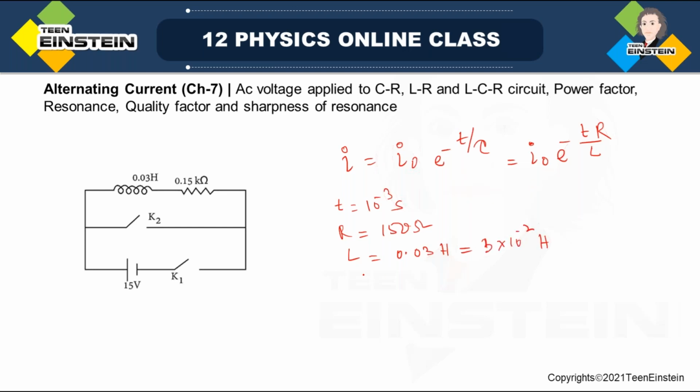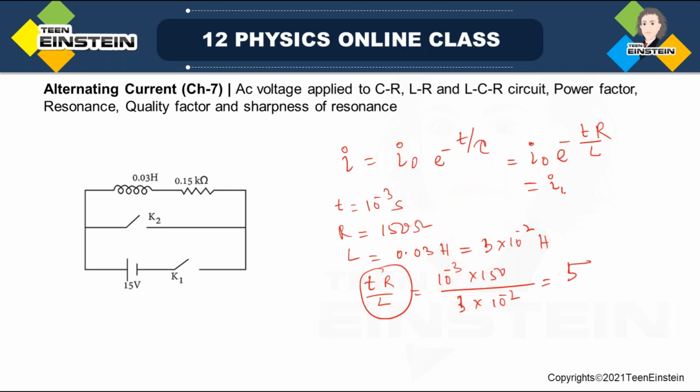If we put all this, let us first find out what is tR by L. T is 10 to the power minus 3, R is 150, and L is 3 into 10 to the power minus 2. So this will be 5. This factor is becoming 5, and obviously this has to be a dimensionless quantity.